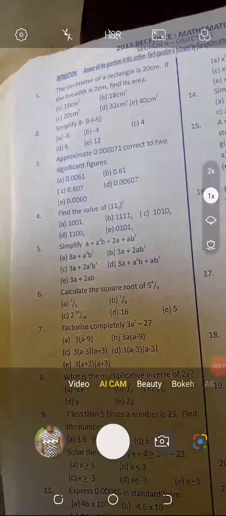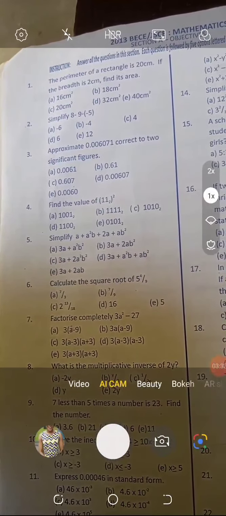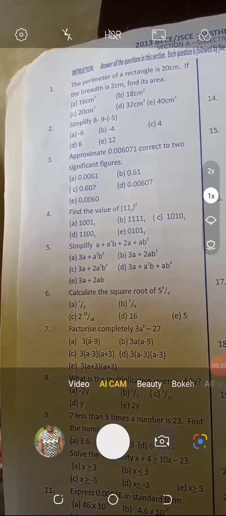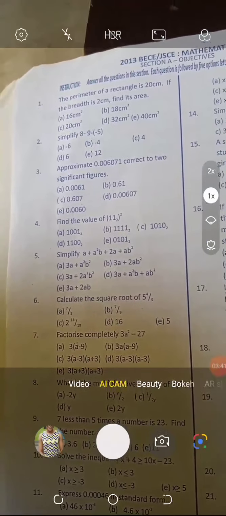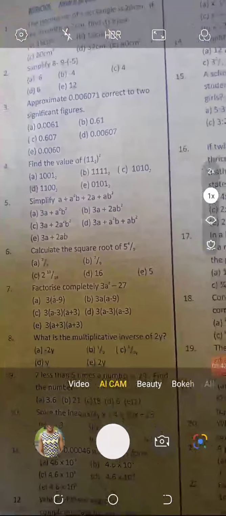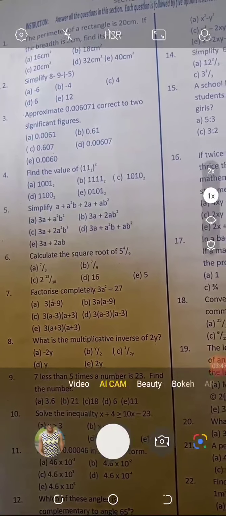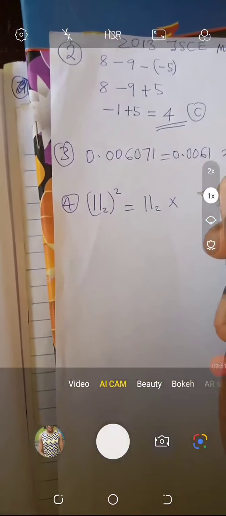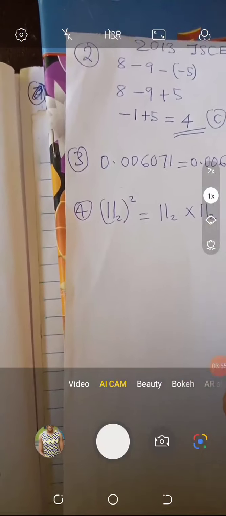I think the first thing we can do, we can actually take this from base 2 to base 10, square it and return it back to base 2, or we can open this bracket. This is the same thing as having 11 base 2 times 11 base 2.